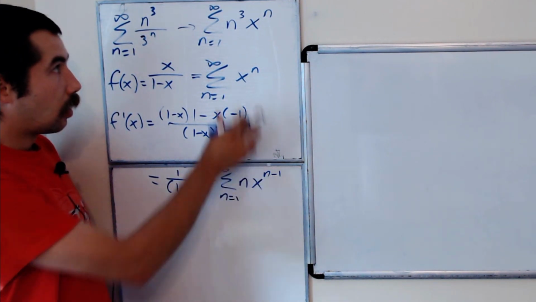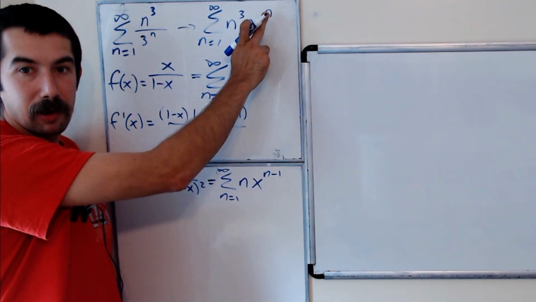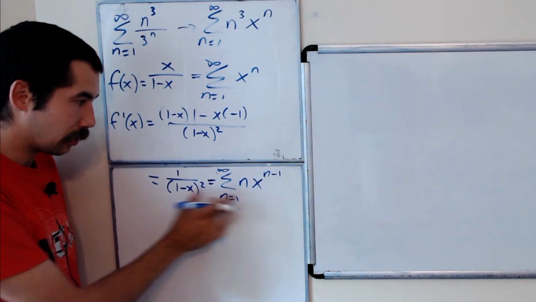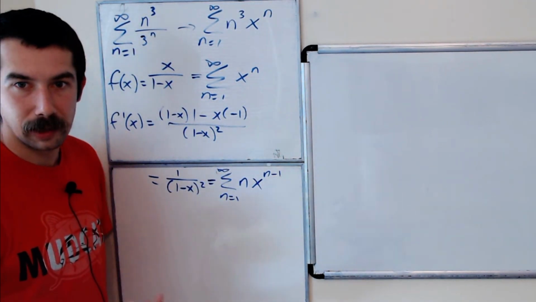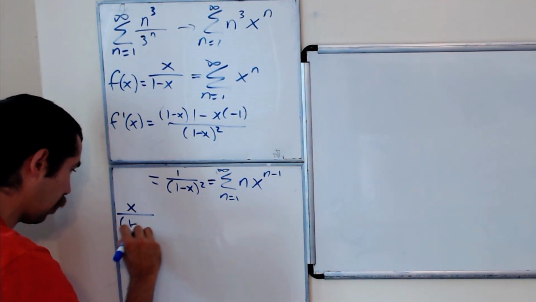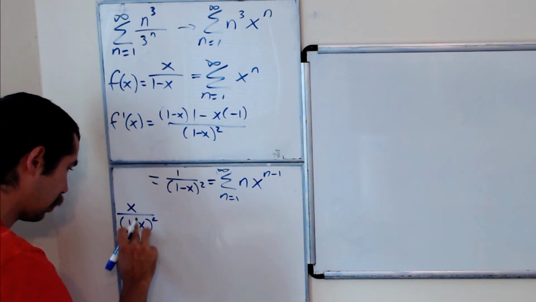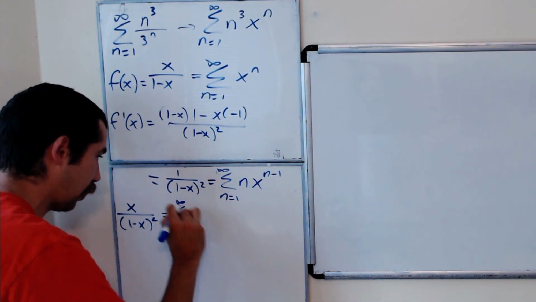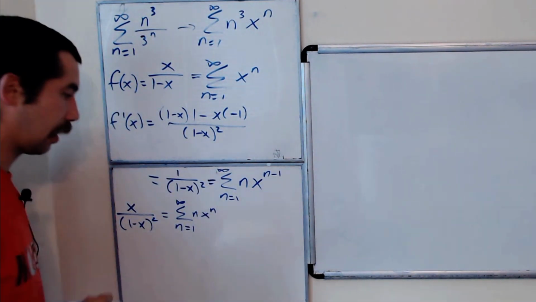And our series has an exponent of n. This has an exponent of n minus 1. So if we multiply both sides by x, we'd get the exponent that we want. So we have that x over 1 minus x squared is equal to the sum from n equals 1 to infinity of n x to the n.